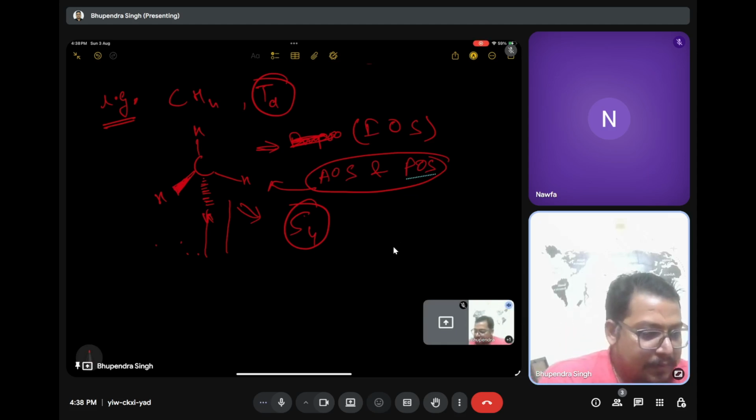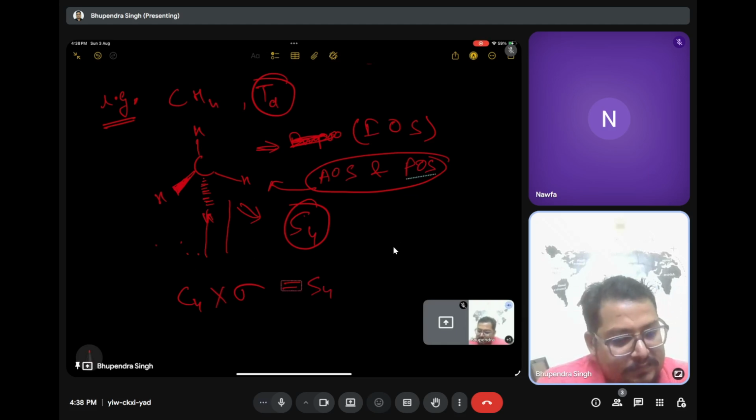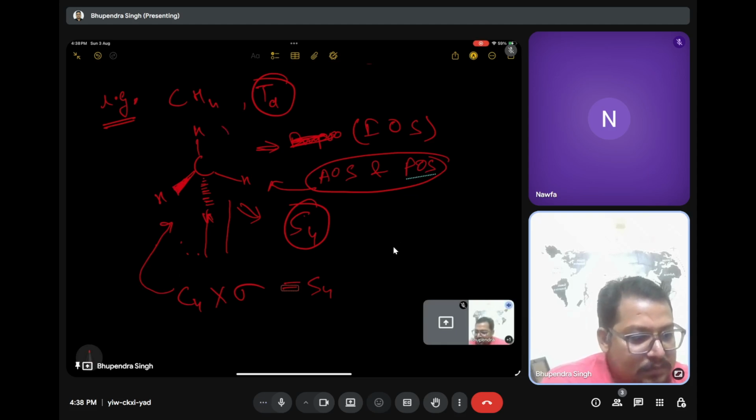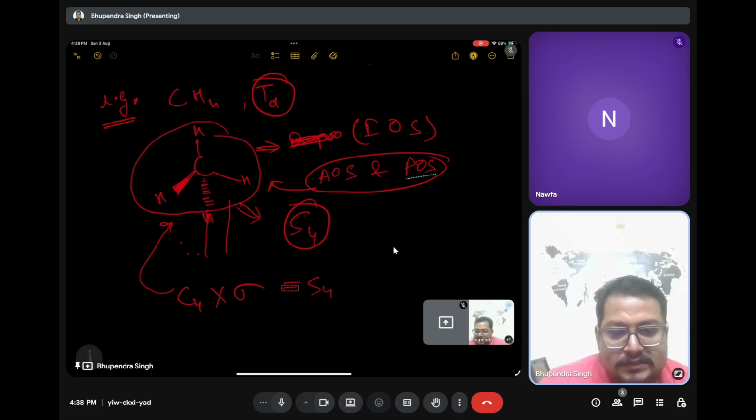According to our previous explanation and definition, it should have C4 and sigma, and then you will get this S4. However, in this case we don't have C4. If you really look at this molecule, CH4 doesn't have C4.